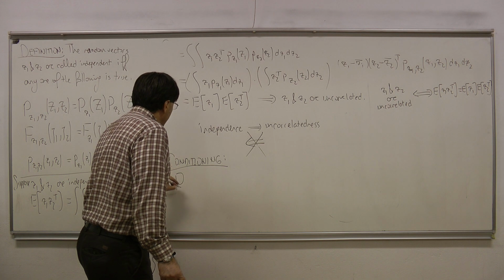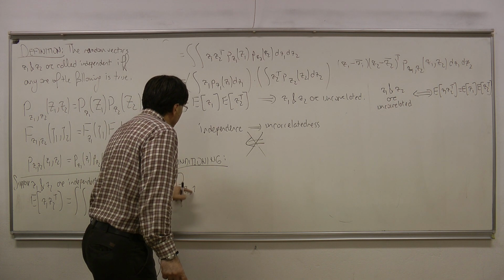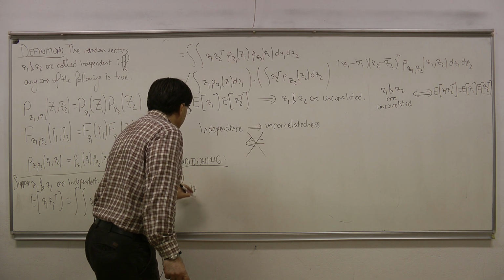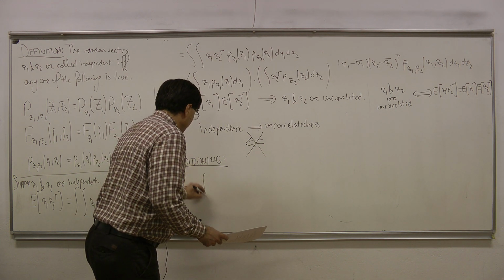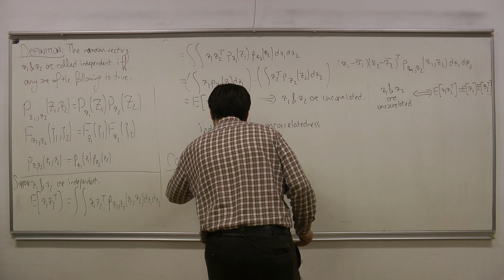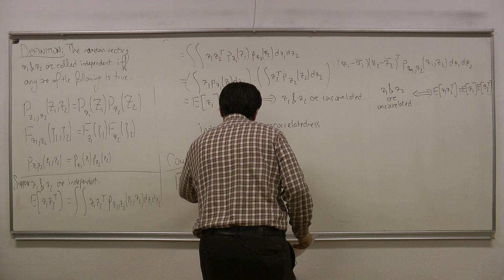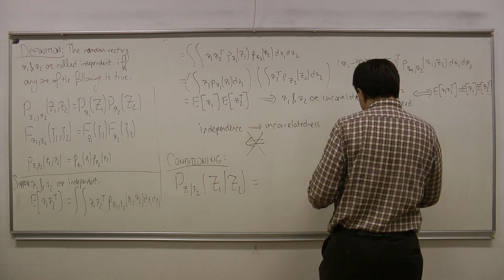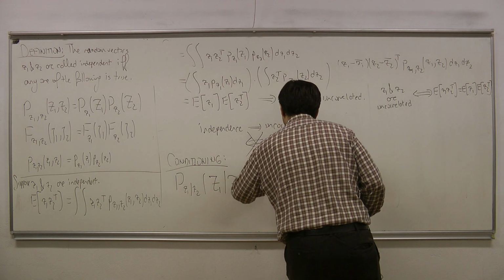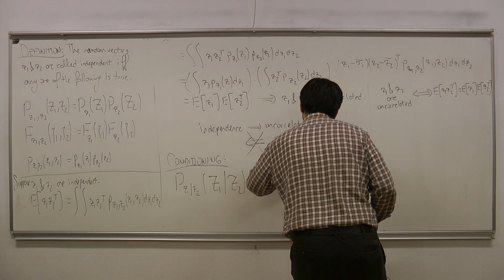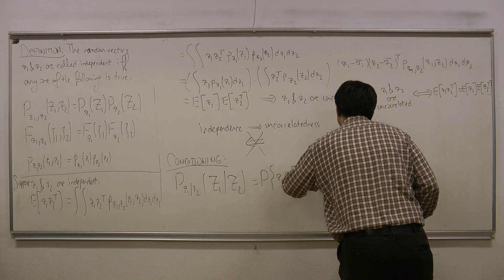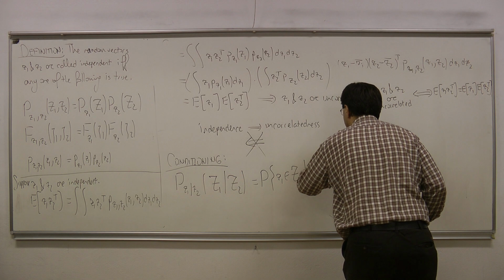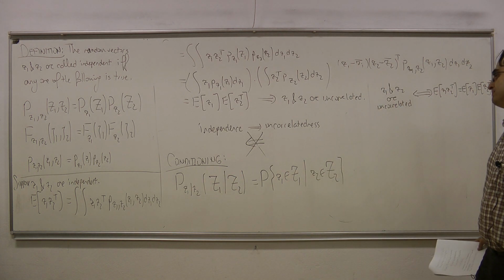So I will define a conditional distribution of the random vector Z1 given Z2. This is going to be the probability of Z1 being inside capital Z1 given that Z2 is inside capital Z2. Okay?